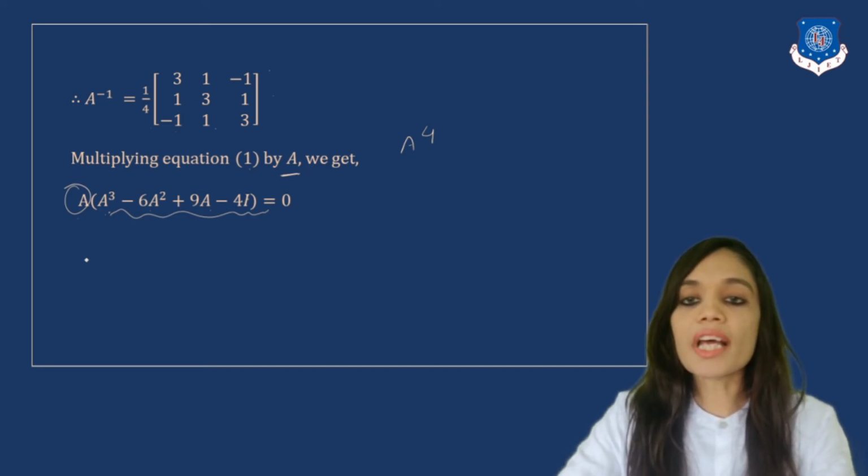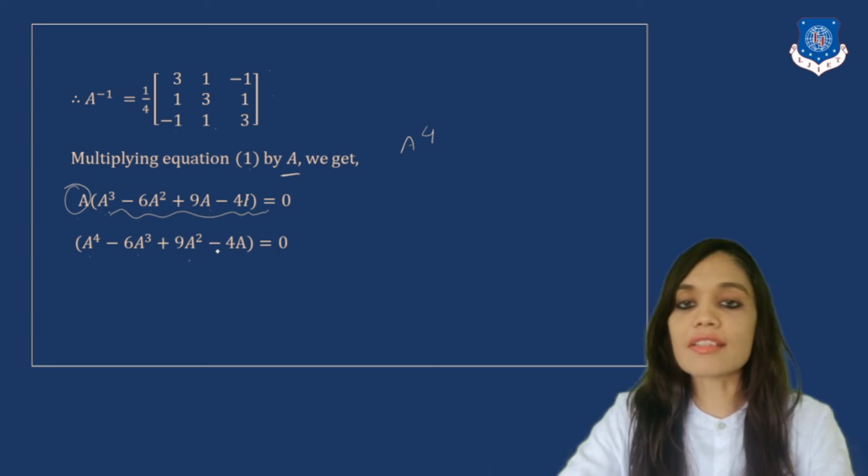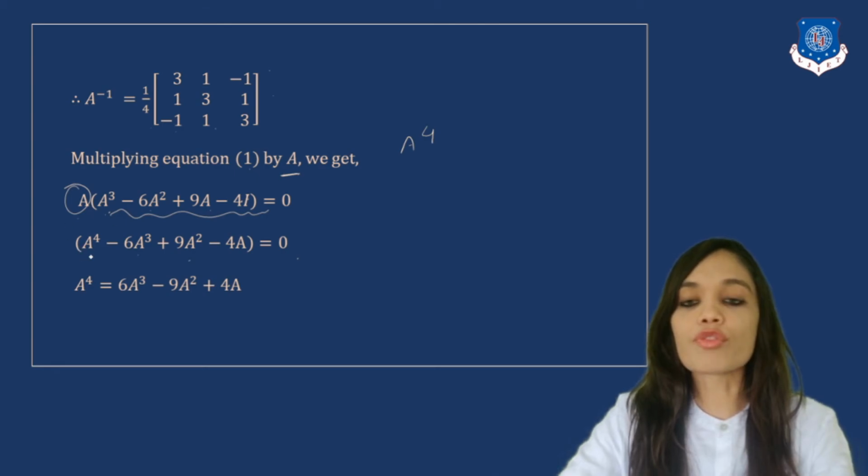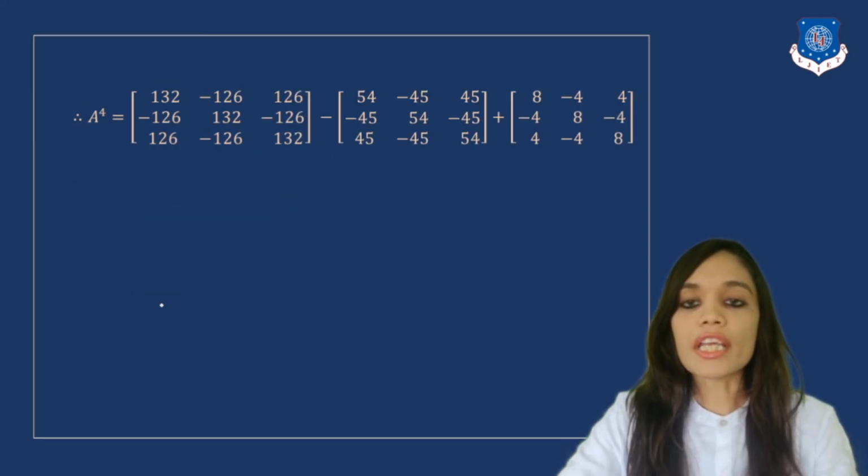So now multiplying, we will get A raised to 4 minus 6A cube plus 9A square minus 4A equals 0. Now make A raised to 4 the subject. So you will get A raised to 4 equals, taking these terms to this side, 6A cube minus 9A square plus 4A. Now let us substitute the values of A cube, A square and A, and simplify.